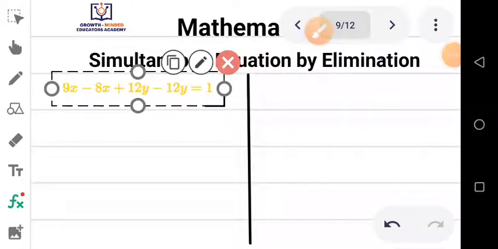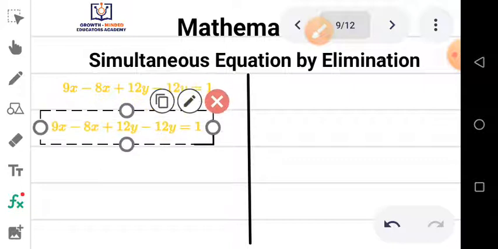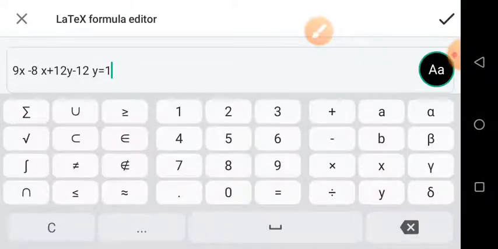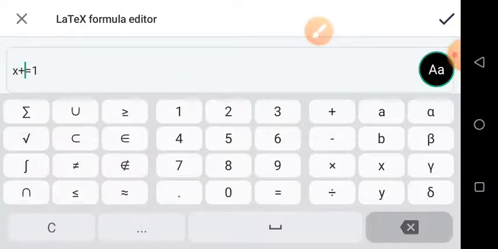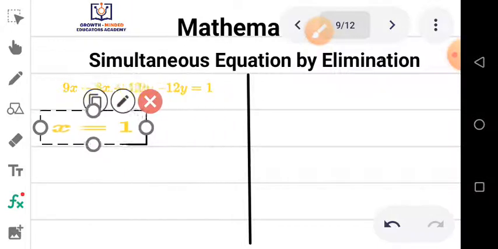So this is where we are. We have to solve this now. This will give us 9x minus 8x, that's 1, just like 9 biscuits minus 8 biscuits will give us just 1 biscuit, and then 12y minus 12y will cancel each other, and that simply means x equals 1. That's our answer.